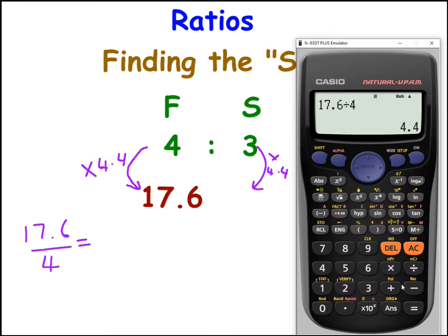Now, an easy way to do this on the calculator is, because we want to use 4.4 again, and it's on our answer line, we can just press the multiply sign, and it's using the answer, which is 4.4, in our calculation. I want to multiply it by 3 to get our answer. Now press SD and it tells me I need 13.2 grams of sugar.